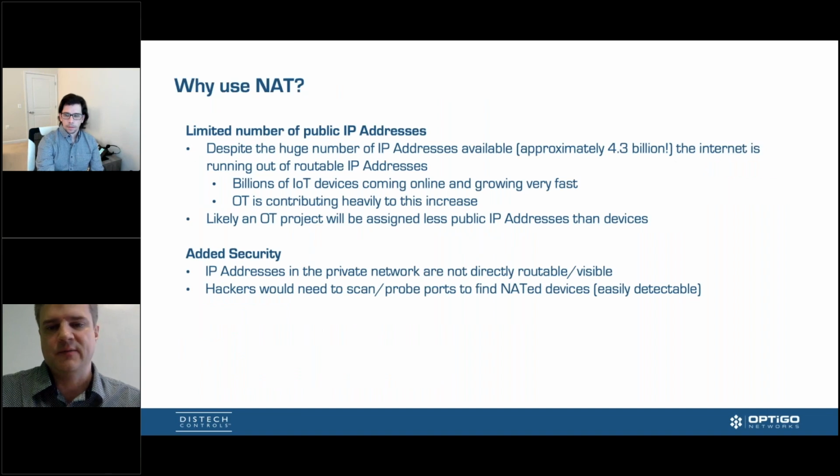So that was the what. The question is the why. So why do we do this? There's two big reasons. So number one, we're running into issues right now in terms of IP addresses. 50 years ago, when they started building IP addresses, assigning them out, they figured 4.3 billion was quite enough.